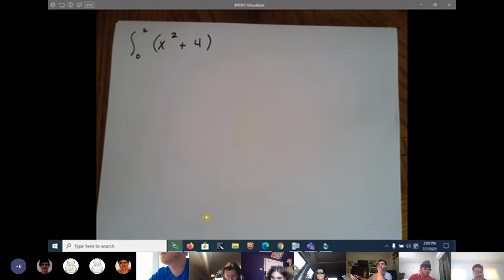Did I do 2x dx over 1 plus x squared to the third power? Somebody tell me if I did that one for y'all. Say the problem again. 2x over 1 plus x squared to the third power.